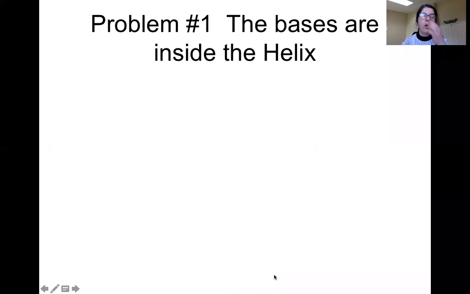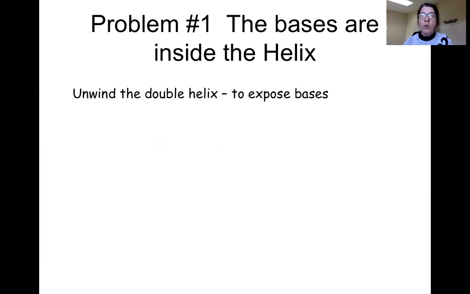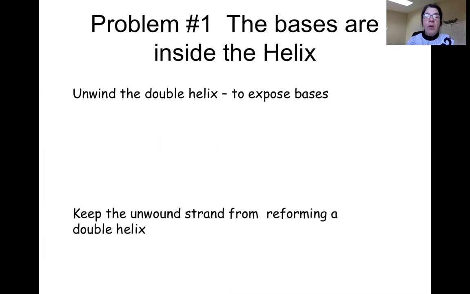Okay, so what are the problems presented by the structure of DNA? Well, the bases are on the inside of the helix, right? So we need to expose the bases because the bases are what is being read, what contains the information. So we need to unwind the double helix to expose the bases. We also need to keep the 2 strands apart.